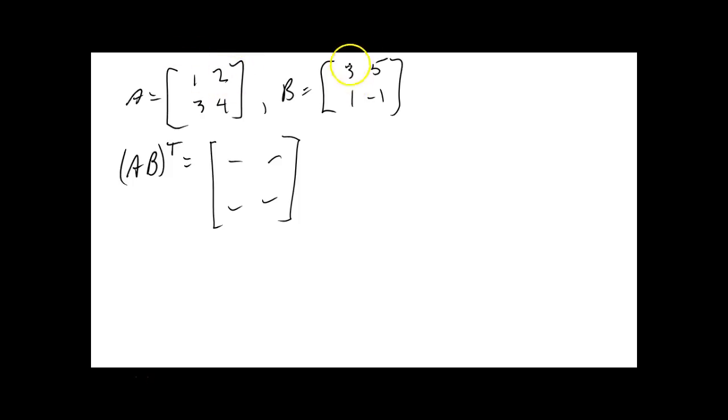Okay, first row by first column. You got a 3 plus 1 is 5. Right. Next, which way are you going? Let's start over.